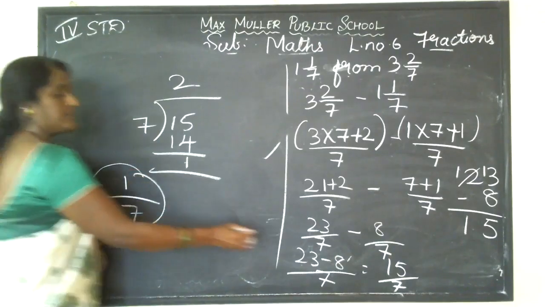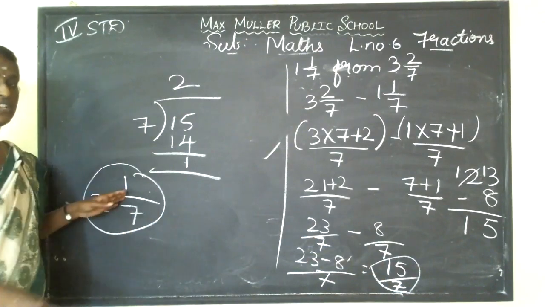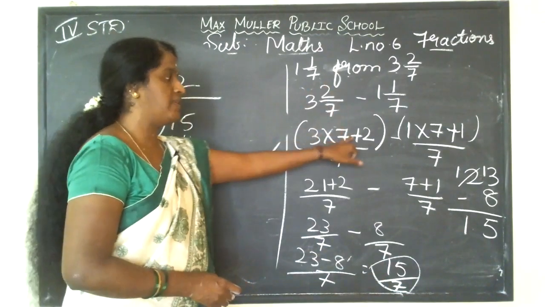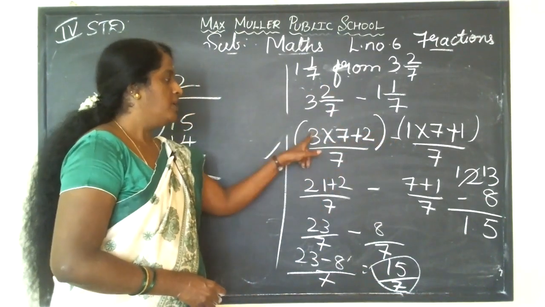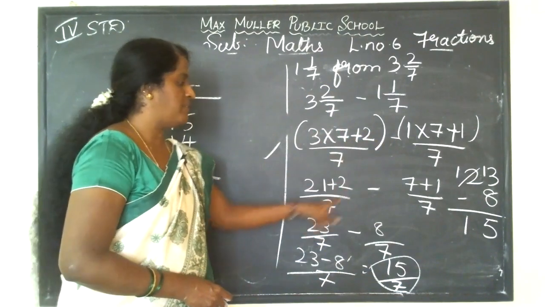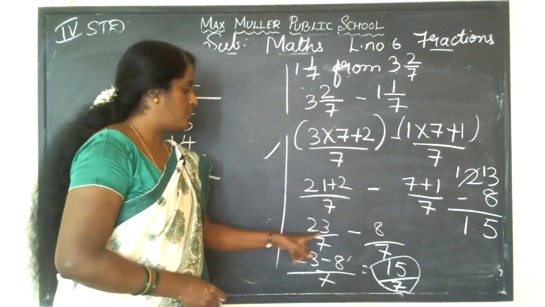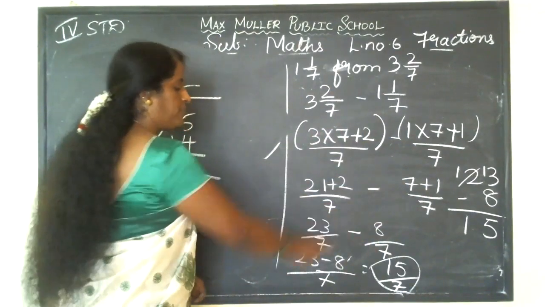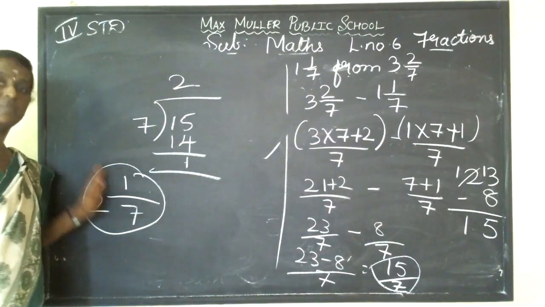See here, this is the improper fraction, this is the mixed fraction. So subtraction, when you do this method, you should do 3 into 7 plus 2, here minus. So copy 21 plus 2 by 7 minus 7 ones are 7 plus 1 by 7. 21 plus 2 is 23 by 7, 7 plus 1 is 8. So you'll get 15 by 7. That is the improper fraction. This is the mixed fraction.